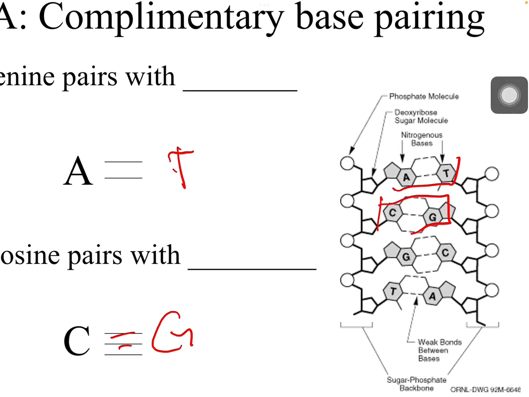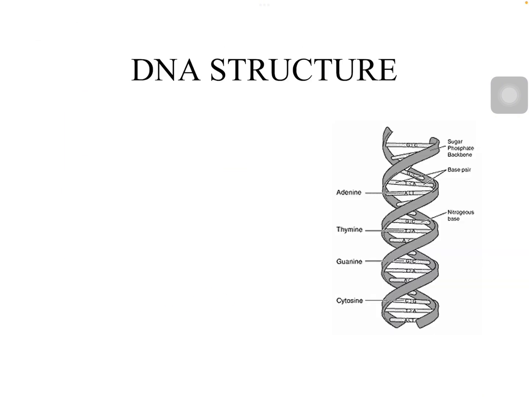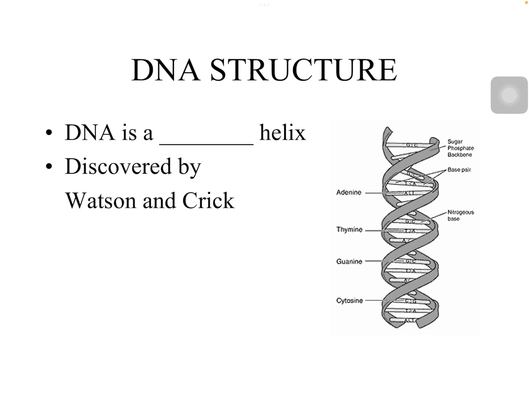So we got here, as you know, class, our nitrogenous base, our deoxyribose sugar, and our phosphate molecule. Now, as you notice, our DNA structure is a double helix structure, which was discovered by Watson and Crick.